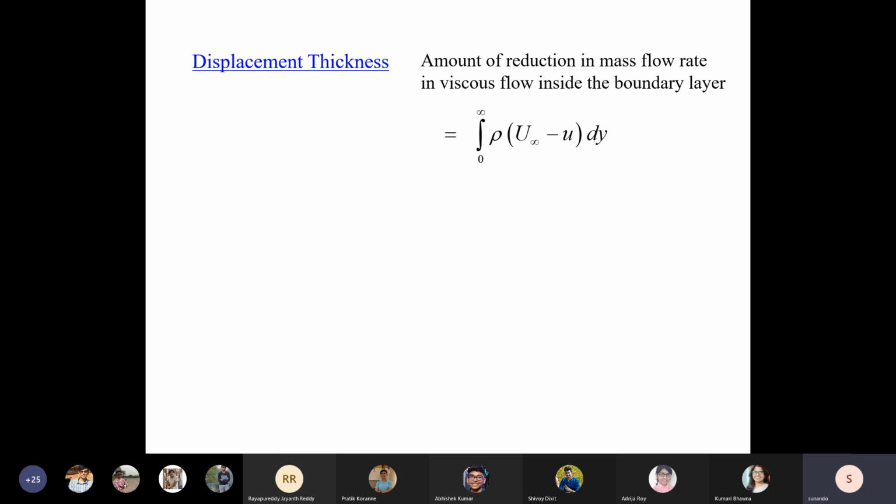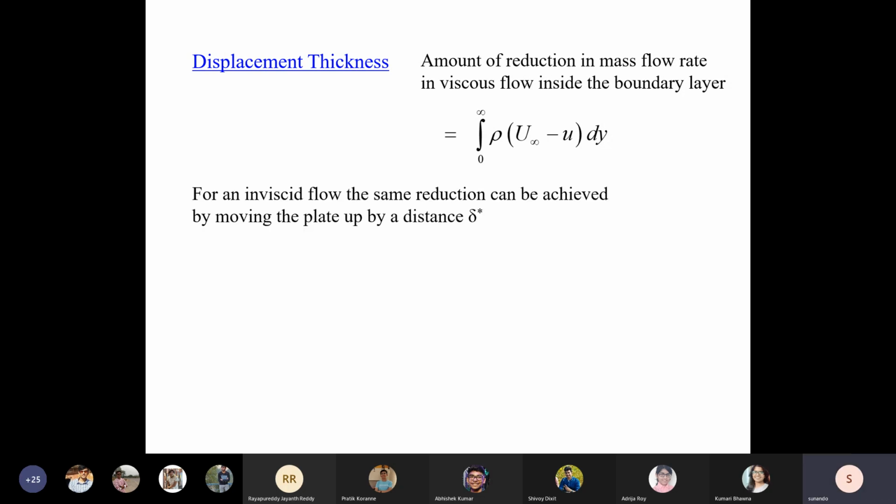So if I have to evaluate the reduction in mass flow rate, I simply multiply the delta u, the difference between what it should be in inviscid flow and what it is in viscous flow, by rho into area. That would give me the reduction in mass flow rate due to the viscous nature of the flow inside the boundary layer. Any question? Okay.